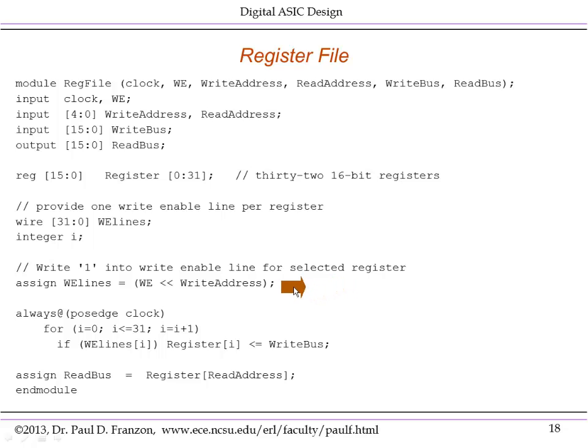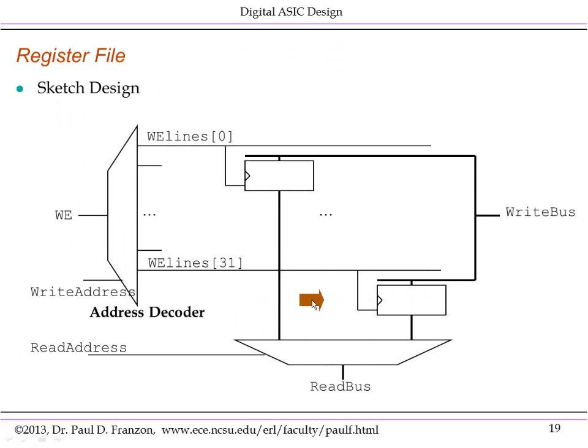This is quite an elegant way of specifying how this will behave. W lines is 32 bits wide. If write enable is high, it's going to be shifted left by the amount write address so as to enable that particular WE lines. Let's actually look at this on the next page.